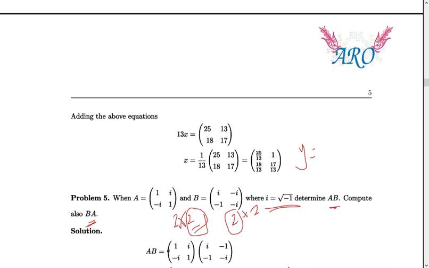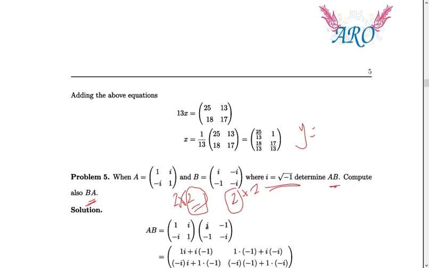Here AB multiplication is possible. In matrix multiplication, we take a row and multiply it column-wise, element by element, and add. Here, 1 into i plus i into minus 1 is the first element.